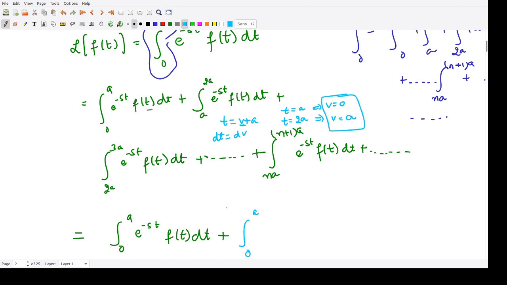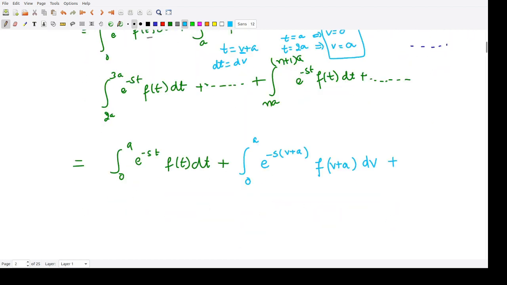Now this quantity would be e to the power minus s, in place of t we would write v plus a, in place of f of t we would write f of v plus a, and in place of dt we would write dv. So this is for the second expression.